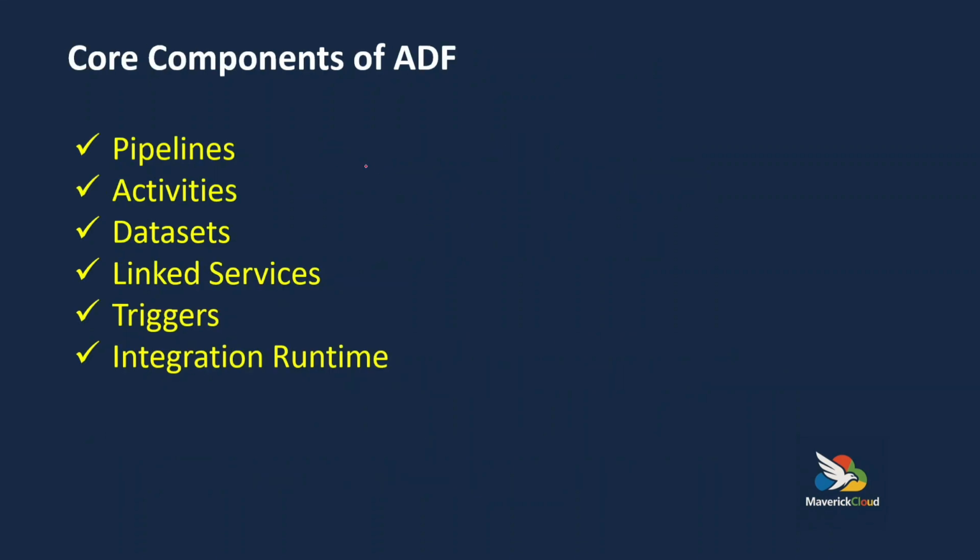So let's talk about the core components of ADF, Azure Data Factory. First of all, there are pipelines, where we make a pipeline from source to destination. We have data here, and we want to move our data from source to destination. Let's say we have cloud data or on-prem data.